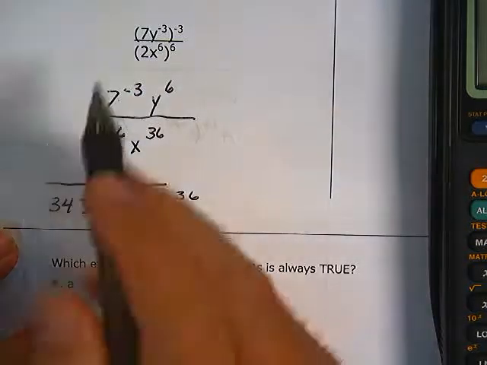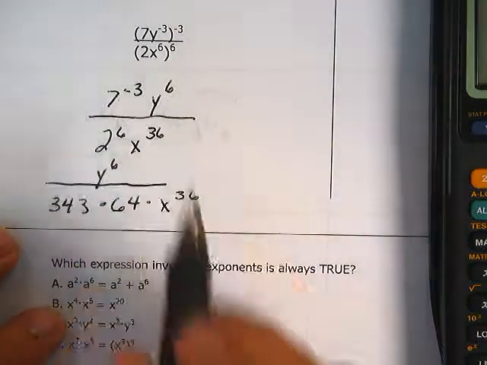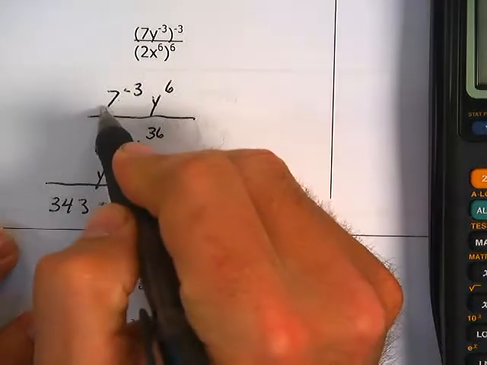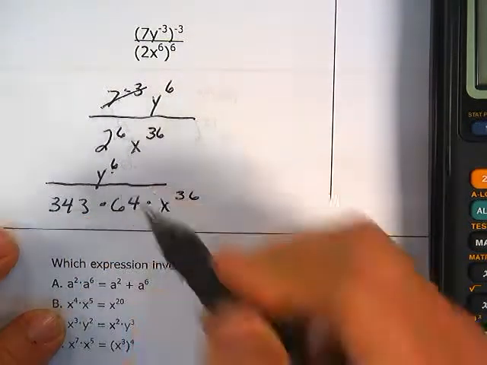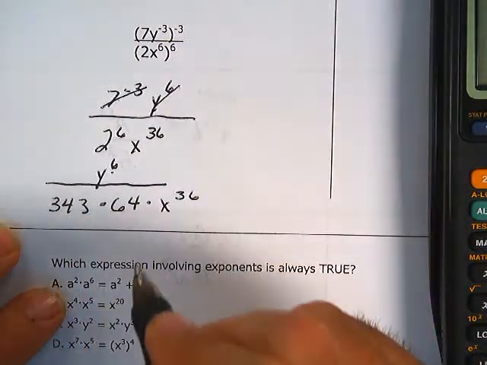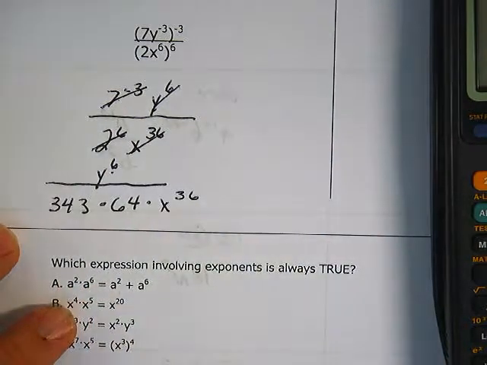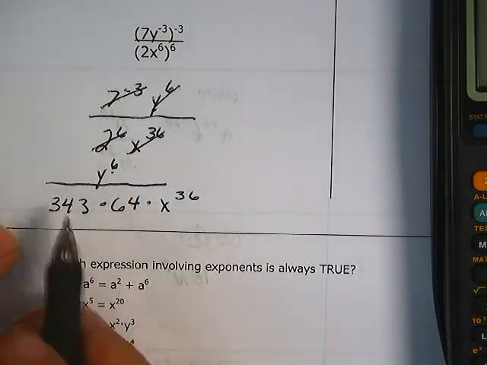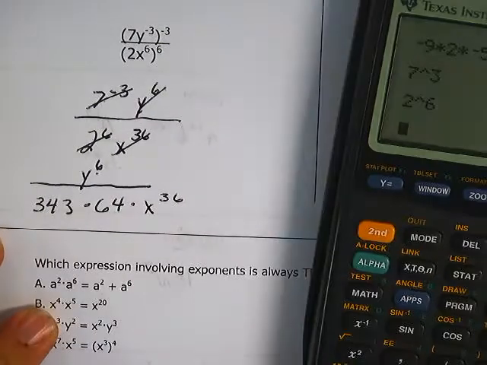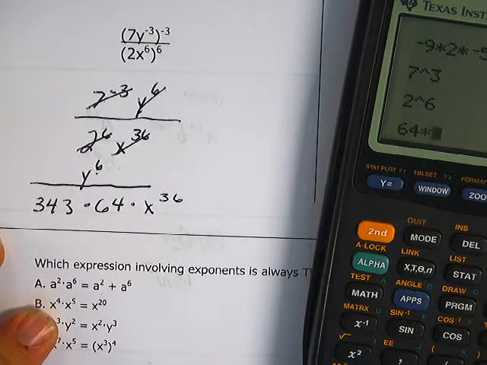Anytime it gets real complicated, let's make sure we have 7 to the negative 3rd. We made it positive, moved it to the bottom. We still have my y to the 6, my 2 to the 6, and my x to the 36. The only thing we have left to do is multiply 64 times 343.